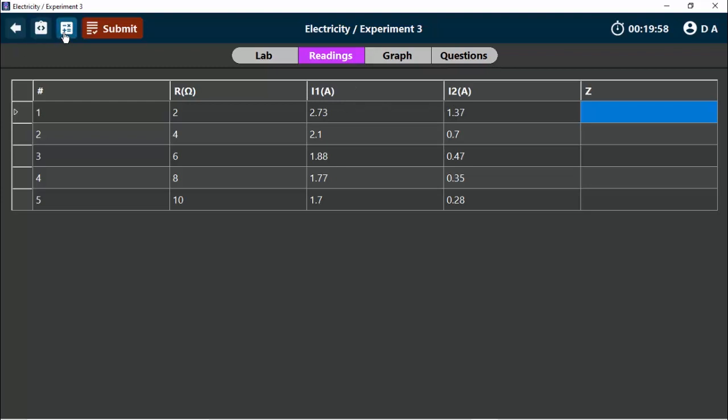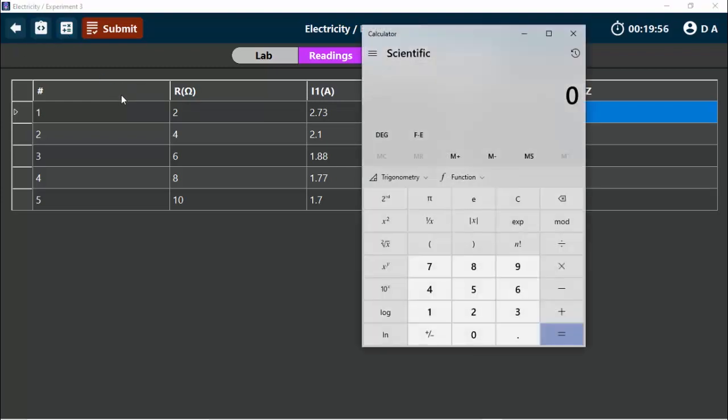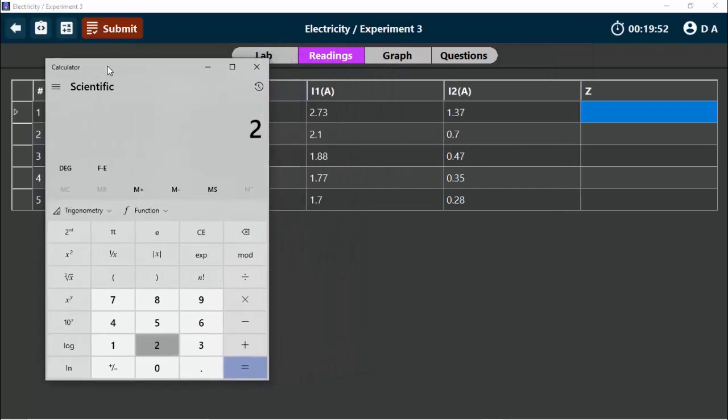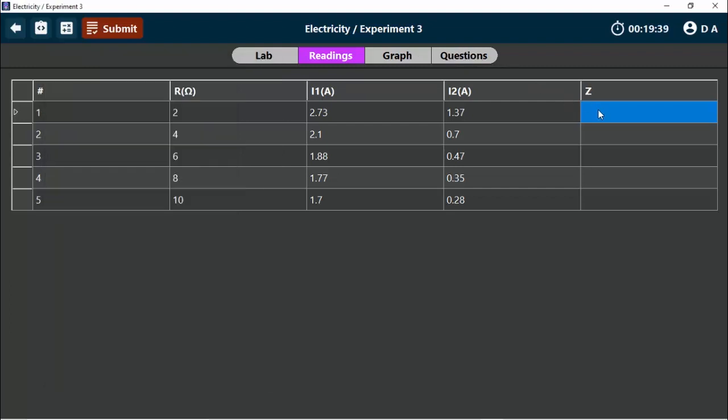So let's get our calculator. For the first Z, we have 2.73 divided by 1.37. So this will give 1.99. So let's say 1.993.